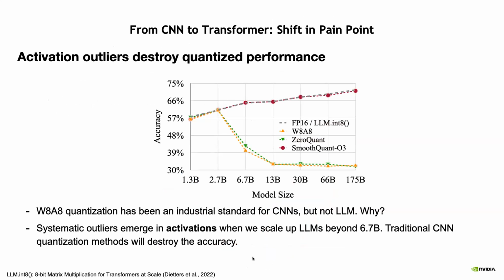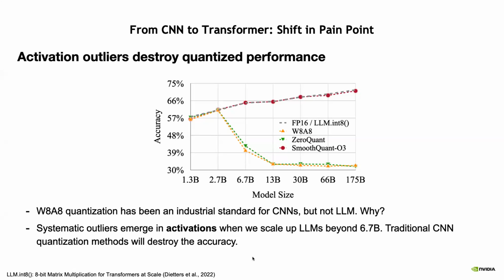Because W8A8, weight 8-bit and activation 8-bit quantization, has been an industrial standard for CNNs. We know for a long time it's pretty reliable. We can just quantize the model into 8 bits and it will not give us pain. But this is no longer true for large language models.